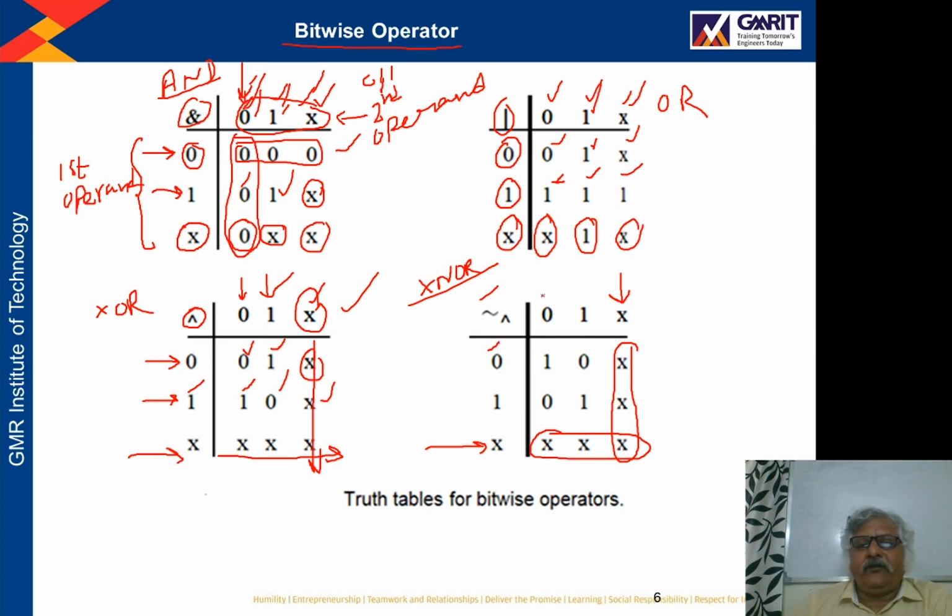If one operand is 0 and the other operand is 0, the result is 1. One operand 0, another 1, result is 0, right? One operand 1, another 0, result is 0. One operand 1, another 1, result is 1. So these are the truth tables of the bitwise operators.